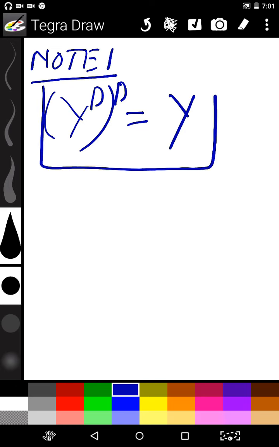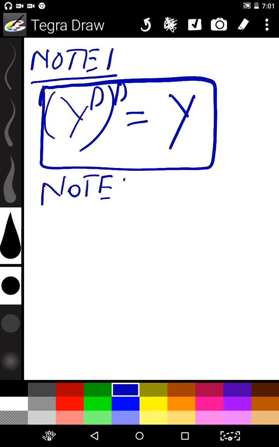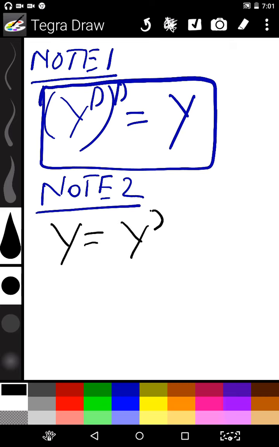Note 2: if y equals yd, that is, if a logical expression and its dual are both the same, then the function is called self dual.